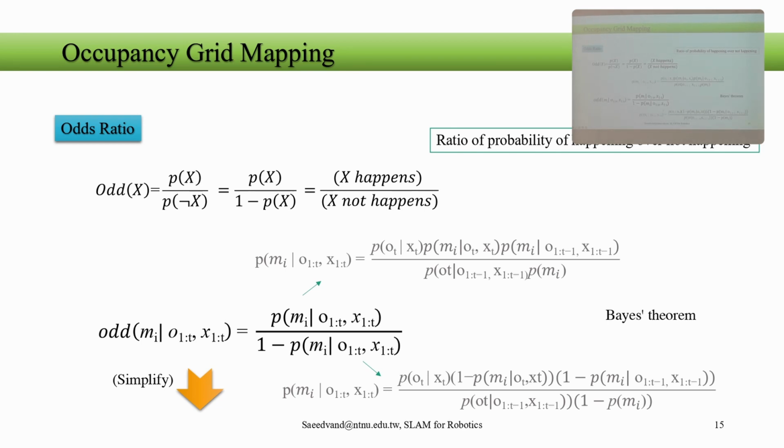On the other hand, what we need to do now is apply the same Bayes theorem. If we apply the Bayes theorem, for this part over here we will have this term, and for this part over here we will have this term.